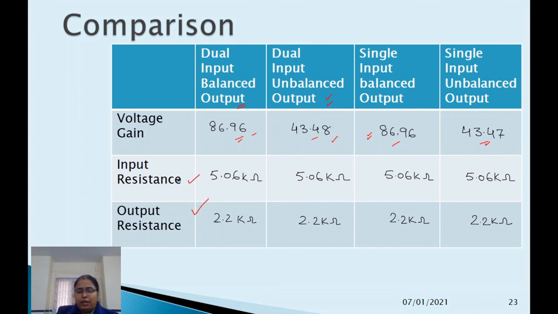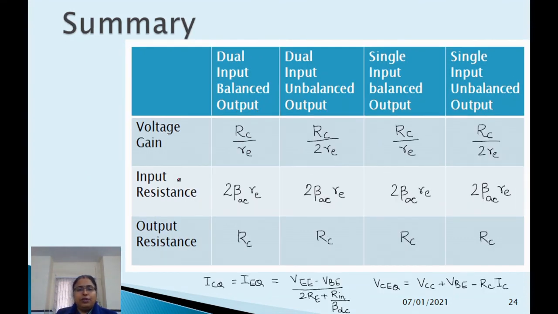Clear? So this is the summary in terms of the equations. As we were saying, in case of balanced output configuration, either dual or single input, the voltage gain is RC upon RE. But in case of unbalanced output, it becomes half, so it is equal to RC upon 2 times RE, right?